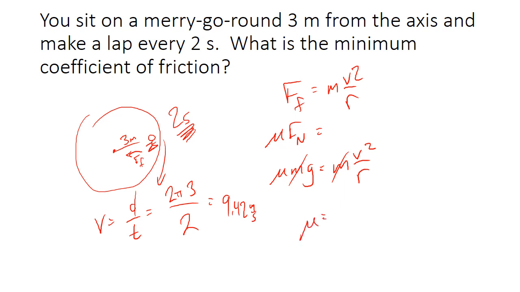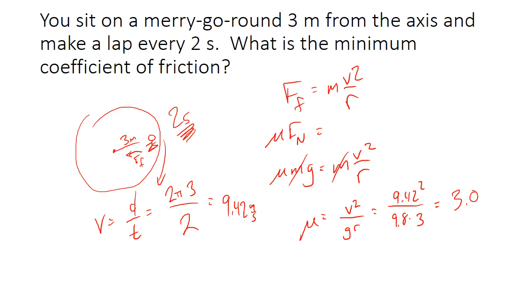So mu is going to equal v squared over gr. Alright? I just moved the g over because why not? So v, we know what that is, 9.42. We're going to square that, divided by 9.8 times 3. So multiplying these together, I got about 3.0.